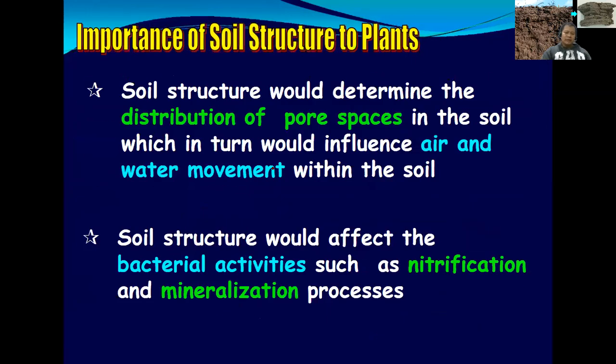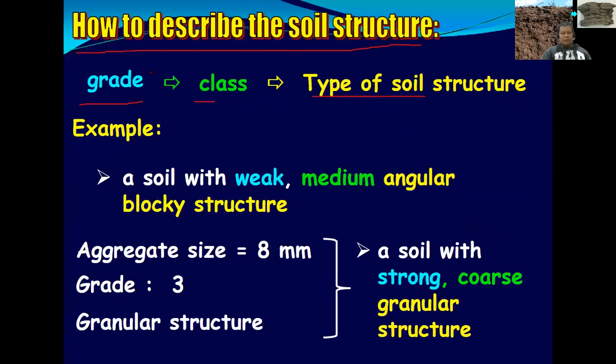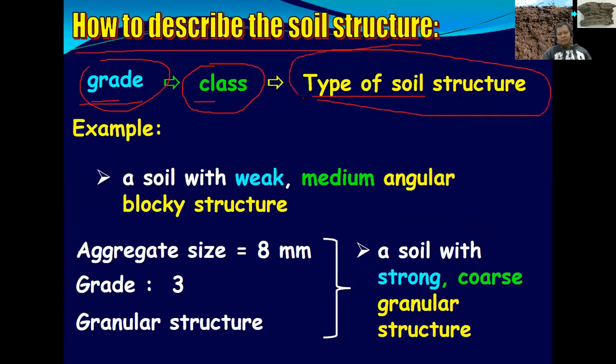So those are just, okay, how will you describe now? We have to describe based on grade, based on classes, which is the size of the aggregates, the size of the particles. Then grade is the durability. Then types of soil structures, be it blocky, spheroidal, prismatic, columnar.